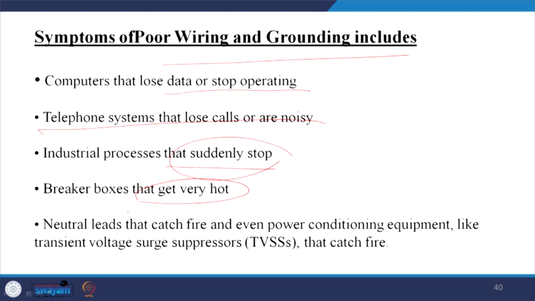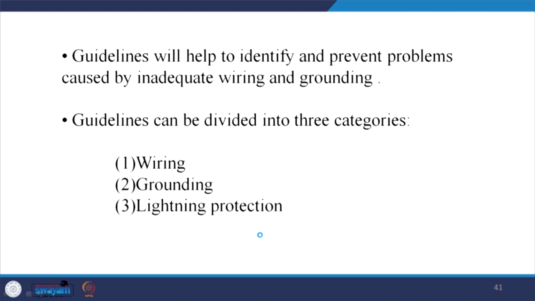Neutral leads, because all the current due to the unbalance flows through the neutral, may catch fire. Even power conditioning equipment like transient voltage surge suppressors may also catch fire because of improper design and grounding.